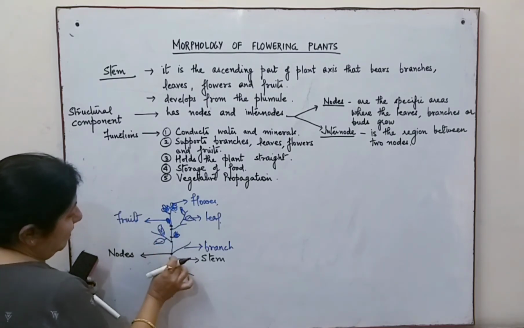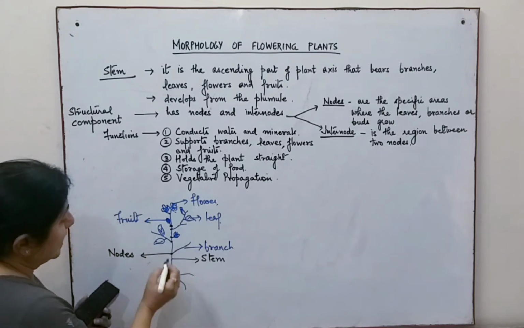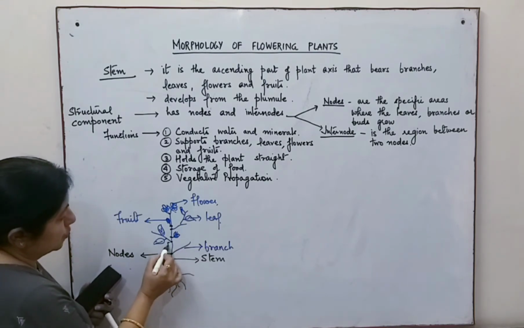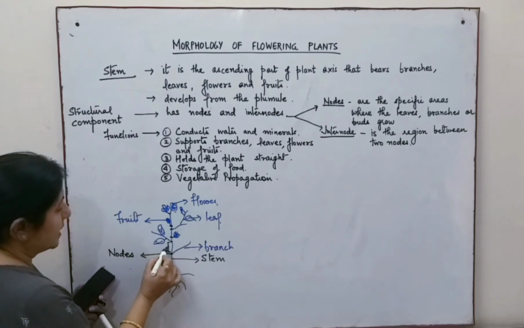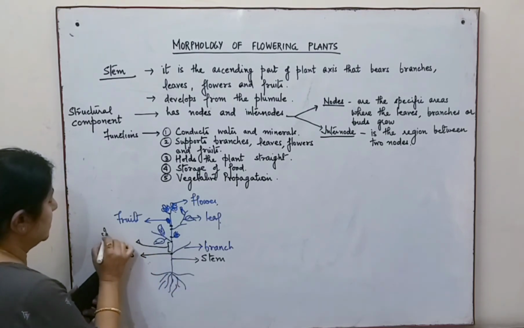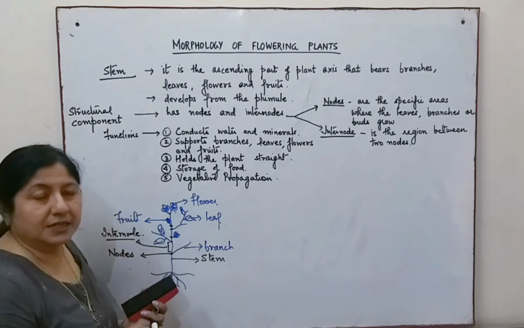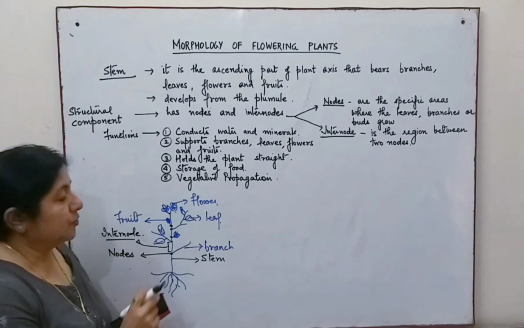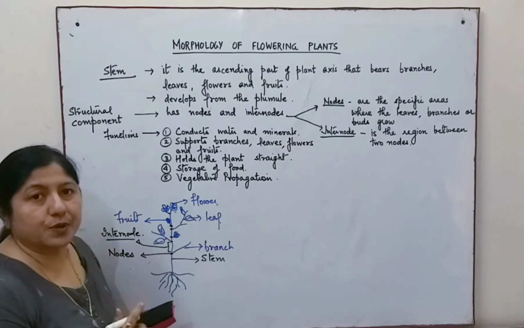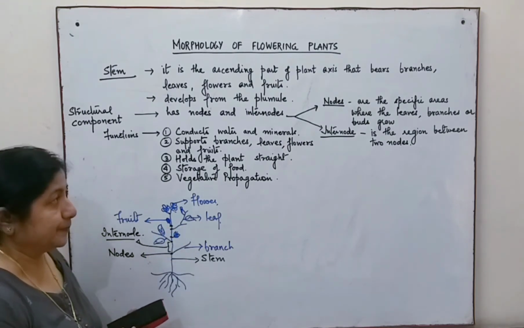And the gap between two consecutive nodes is known as the internode. It is very clearly seen in different kinds of plants. If you observe carefully, you will find the nodes and internodes clearly visible.